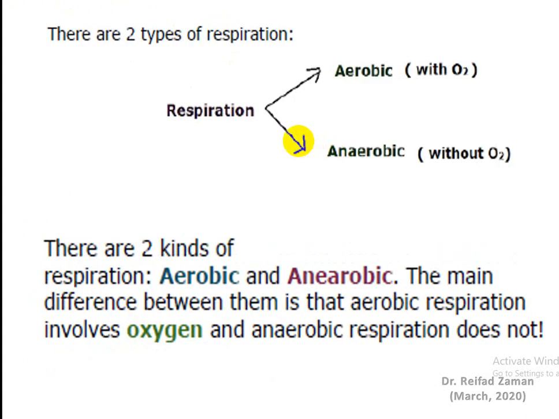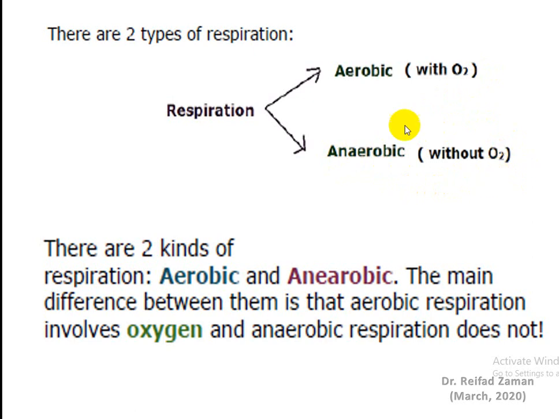There are two types of respiration. One is called aerobic respiration. The other one is called anaerobic respiration. Aerobic respiration is one which requires oxygen. And from the name you can understand, anaerobic respiration does not require any oxygen.